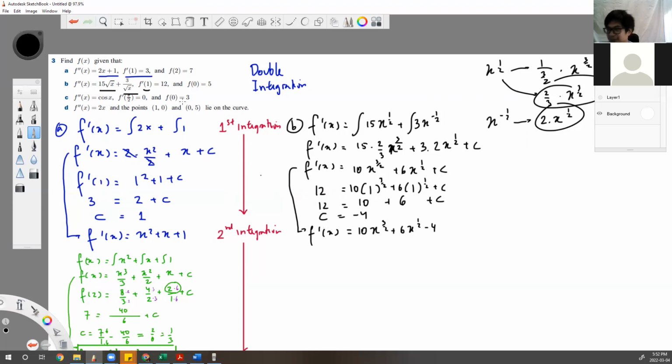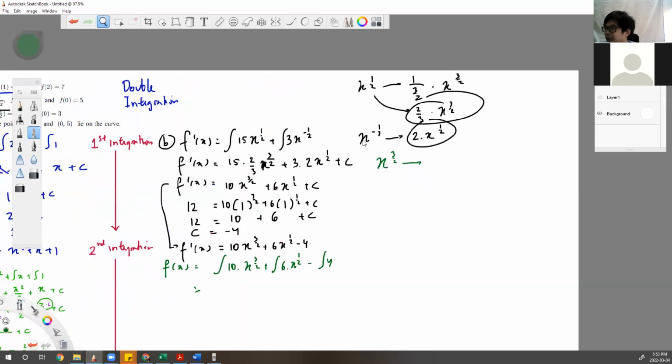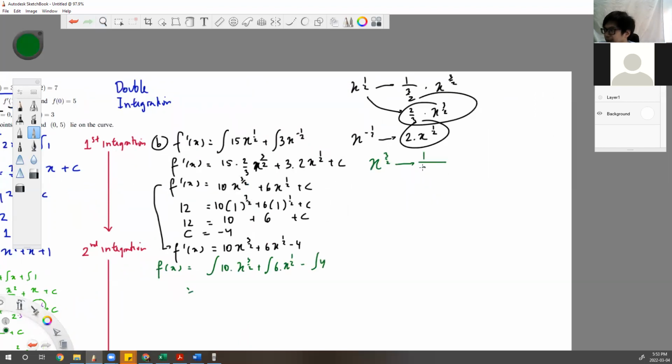Now do the second integration. I use the green color, the other color. f(x) is equal to the integration of 10x power 3 over 2 plus 6x power 1 over 2 minus 4, right? So 3 over 2, just do it on a separate part. 1 over 3 over 2 plus 1, times x power 3 over 2 plus 1.